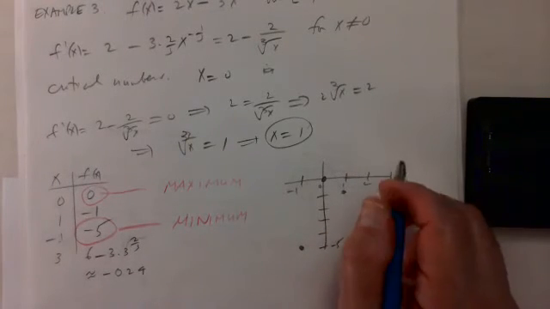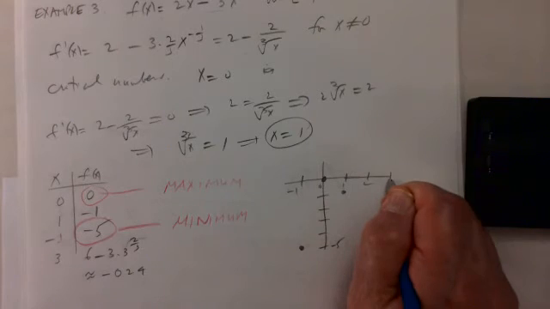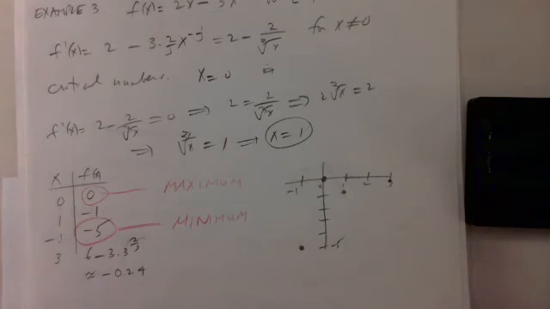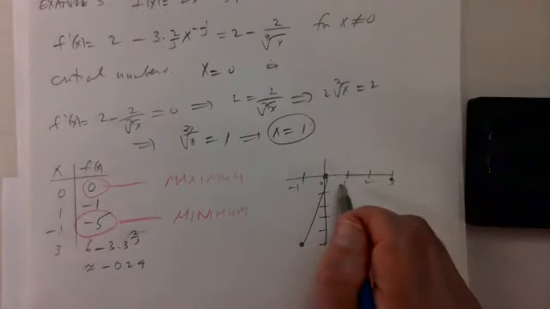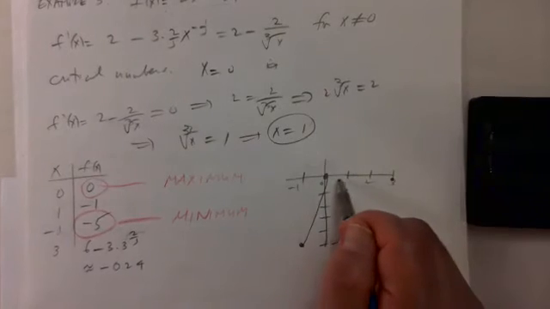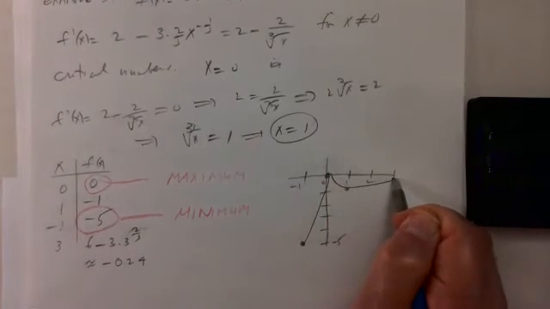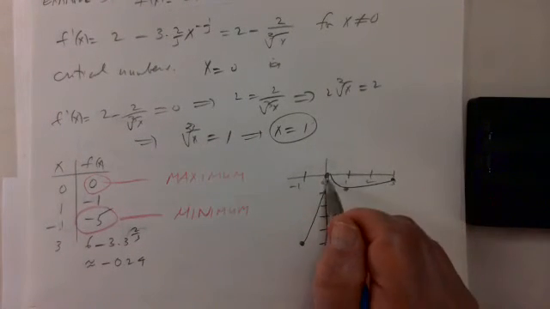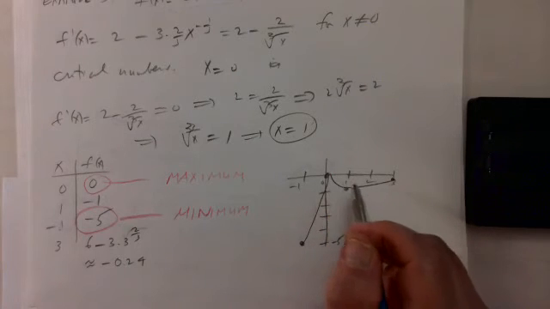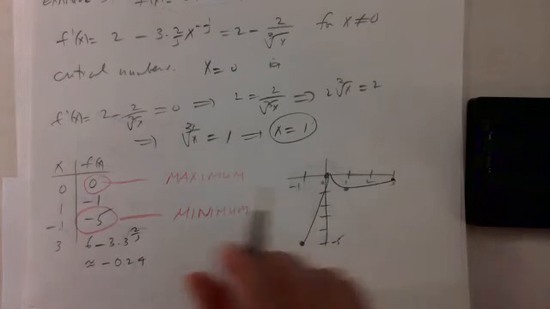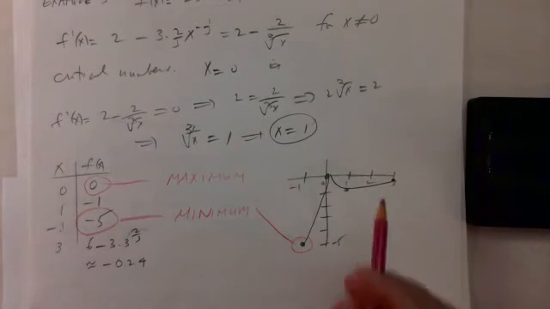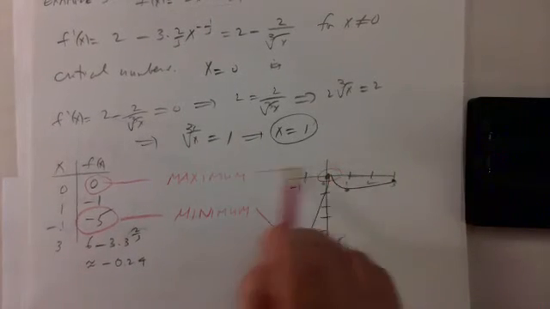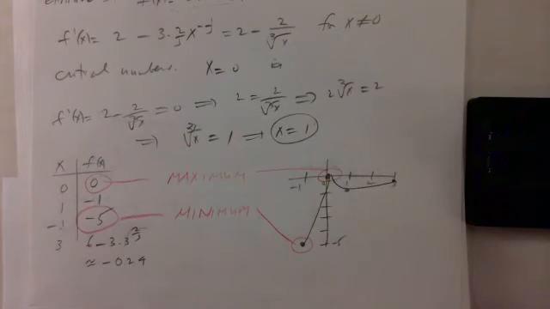And it's minus about a quarter at 3. And the graph of this function looks sort of like, comes up, has a sharp corner, there's no derivative there. Looks like that. And that's the minimum, and that's the maximum.